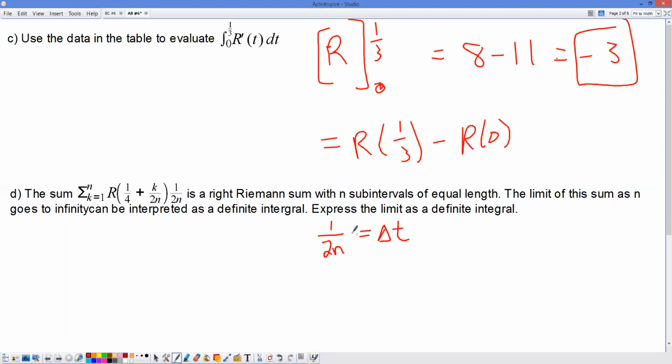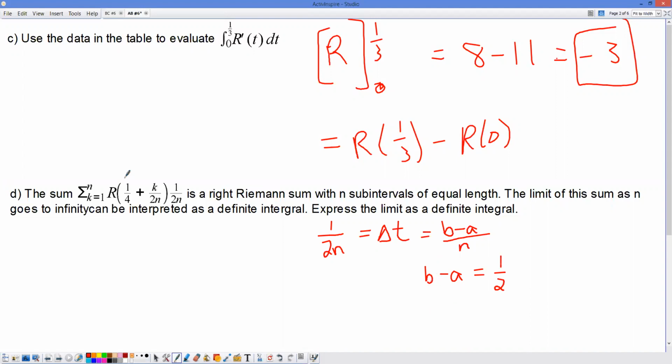And so 1/2n should equal delta t, which is always equal to b minus a over n. So that shows us that b minus a is equal to 1/2, which tells us that the length of the entire interval is 1/2. So when we write out our integral, the length from a to b should just be 1/2 a unit.